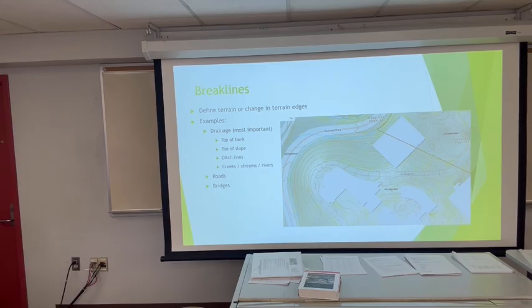Break lines, where the slope changes. Up by A and D, there's a line-ish. You can see it's going flat so far, and then the hillside changes slope. These are break lines. Any questions on any of this?